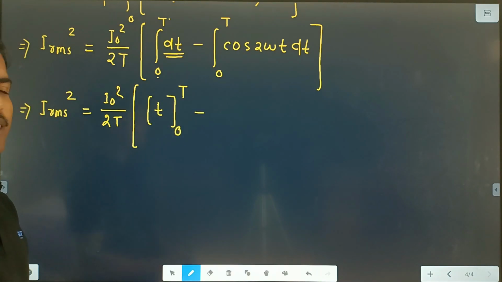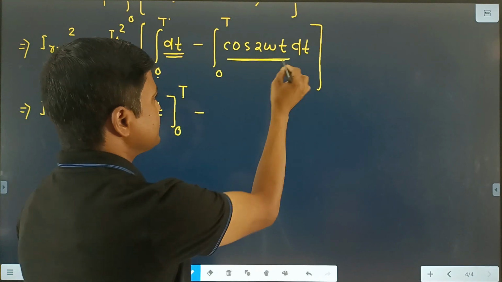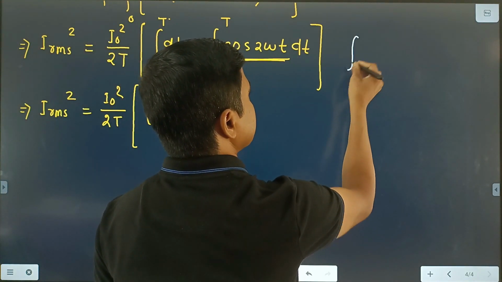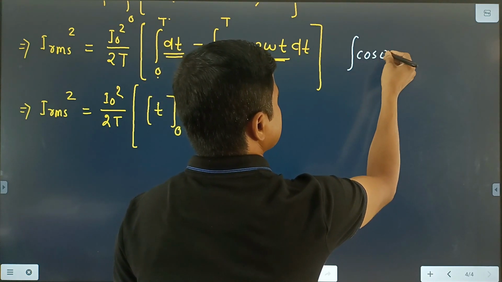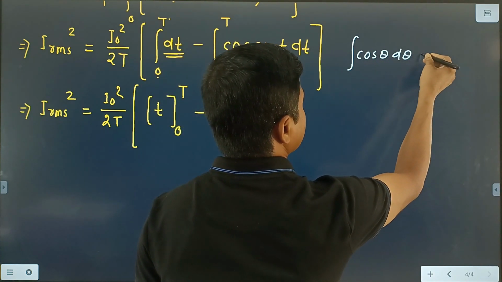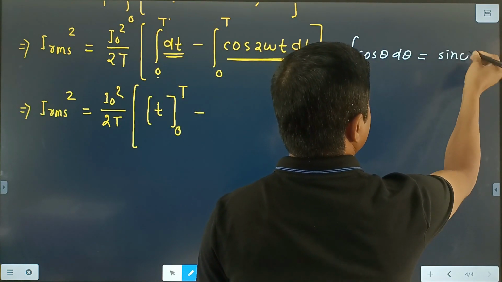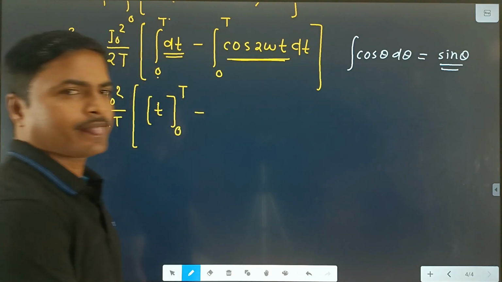What is the integration of cos 2 omega t? You know this formula: integration of cos theta d theta is equal to sin theta. Clear?